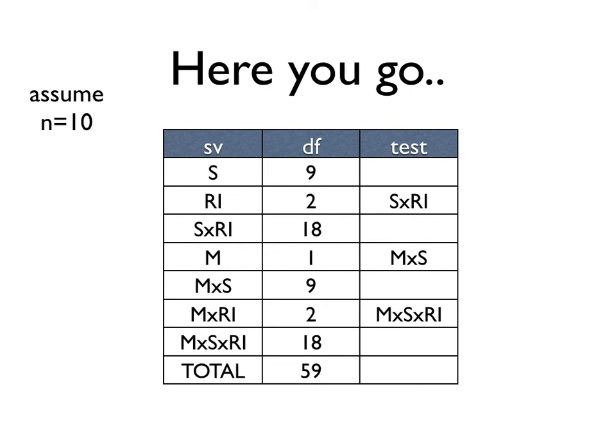The one below it has subjects in it. Memory with memory by subjects. Interaction with subjects by interaction. So it's totally doable to figure out what these error terms are without actually having to sit down and work out the expected values of the mean squares. It's a little trick.